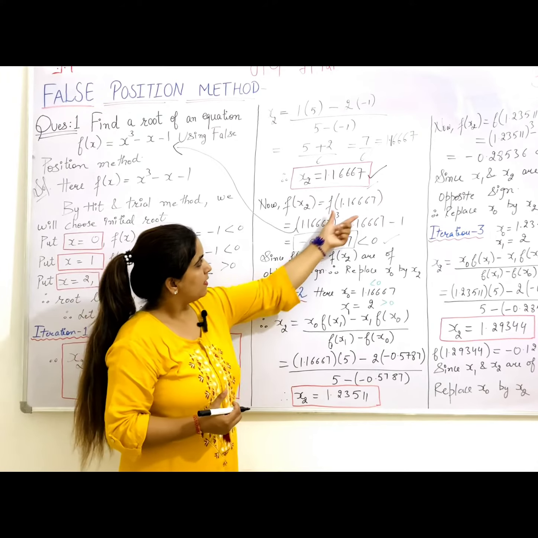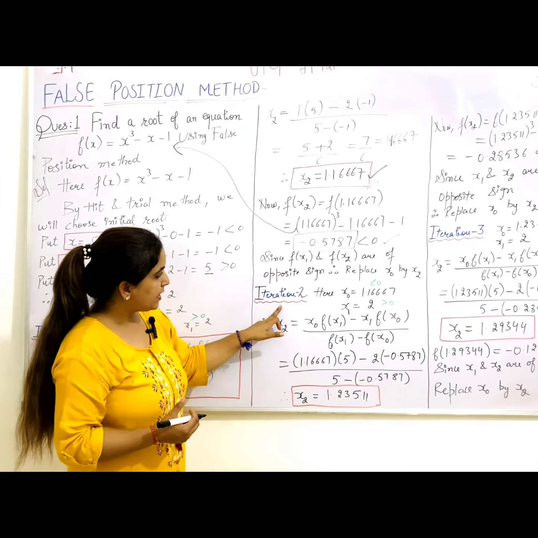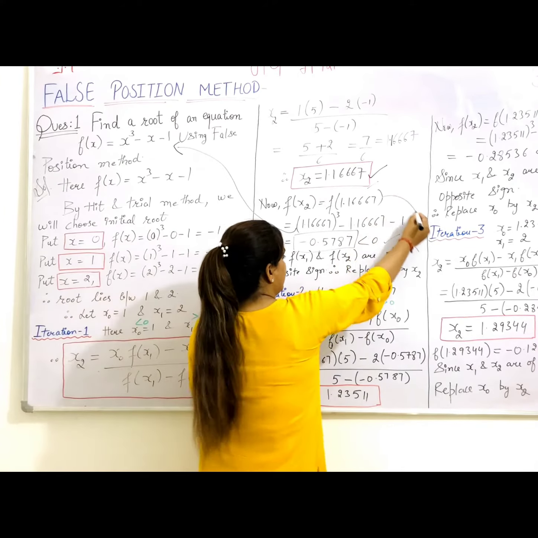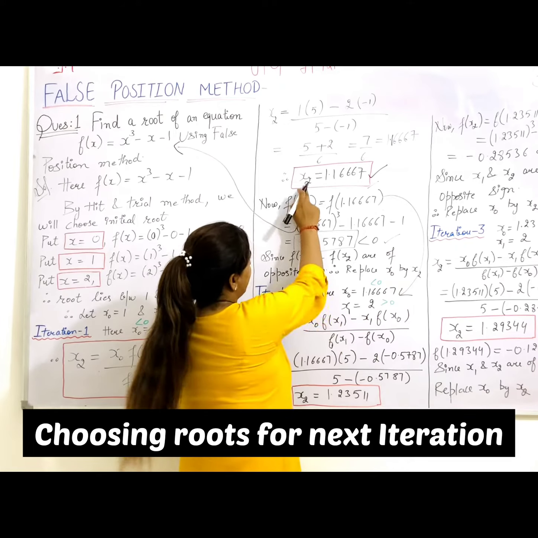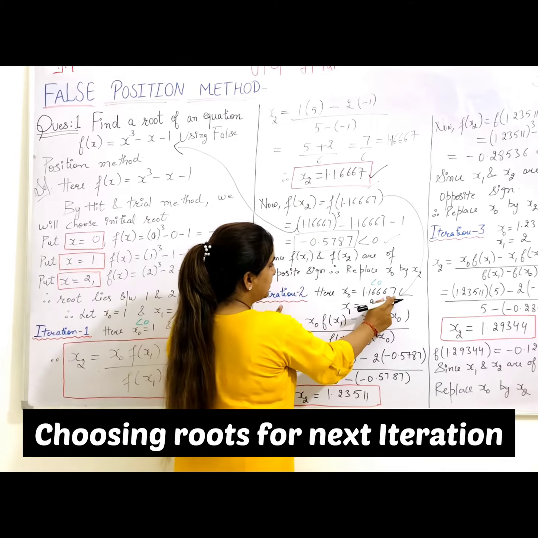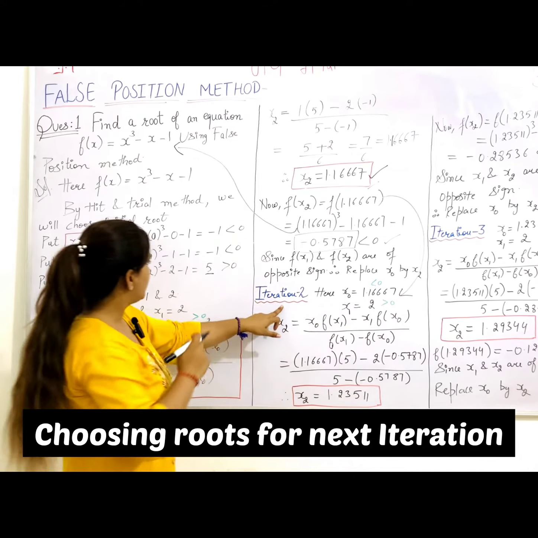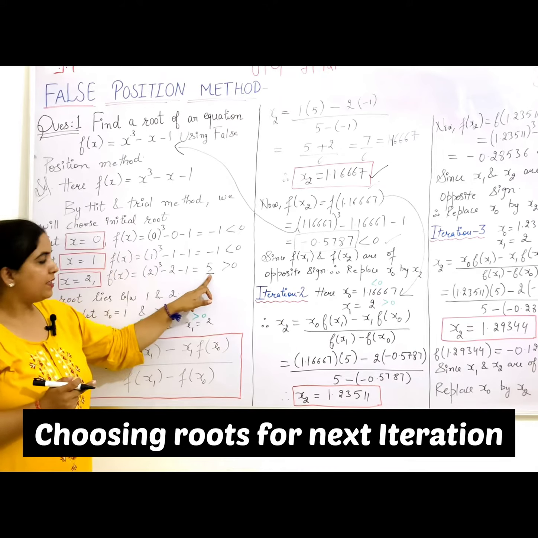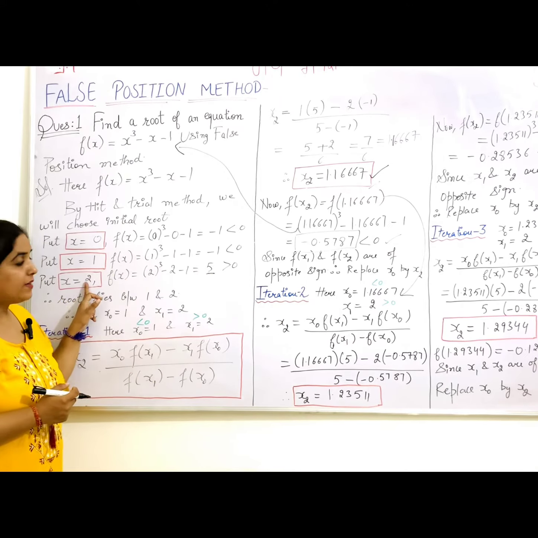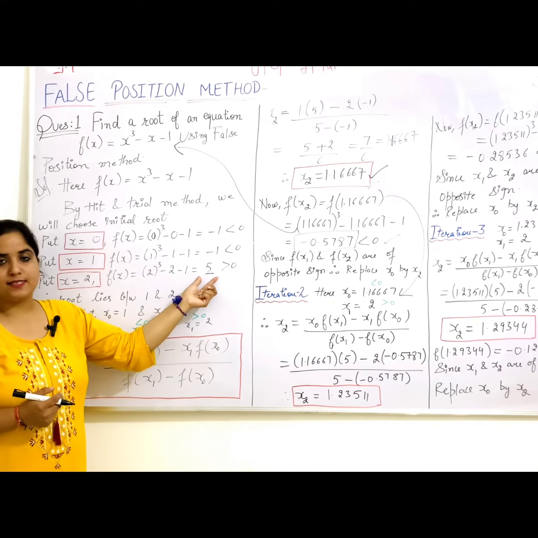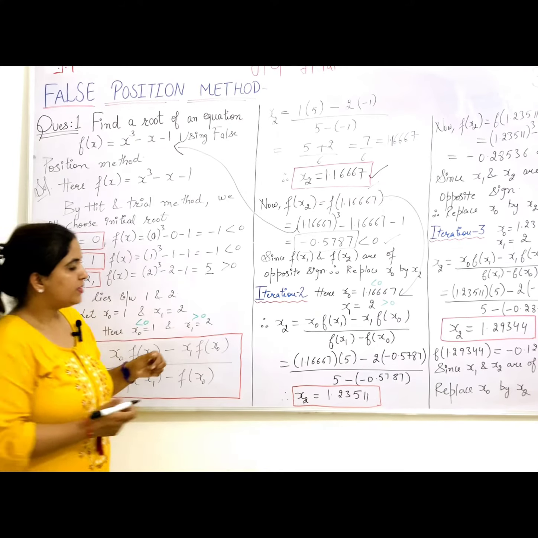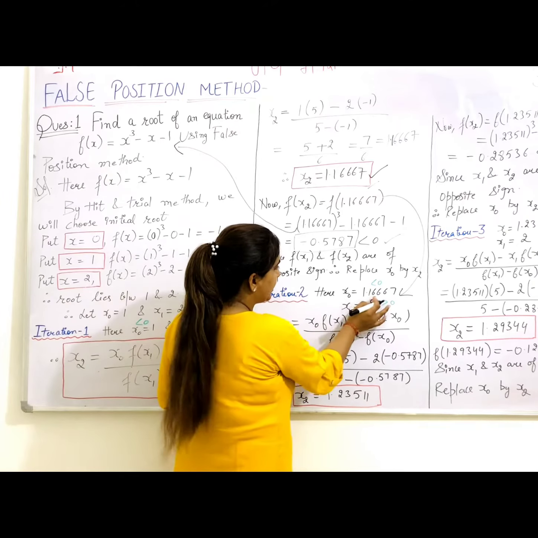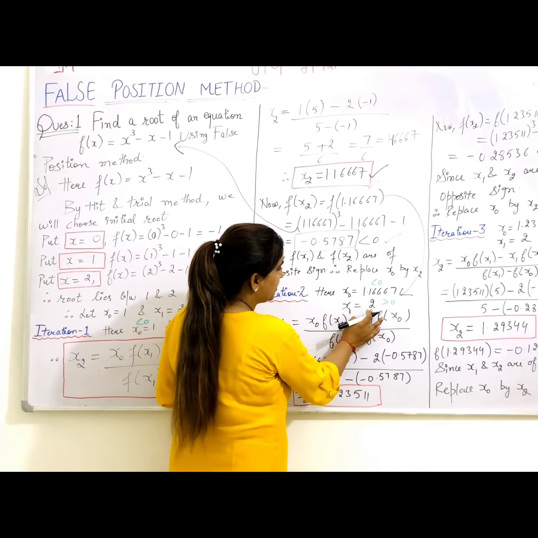So the answer will be taken in the next iteration as x2, that is 1.16667, and the combination is made with the number 2. Why with number 2? Because its answer is a positive one. So this is the combination: x0 is 1.16667, x1 is 2.